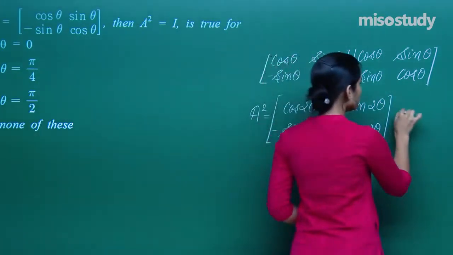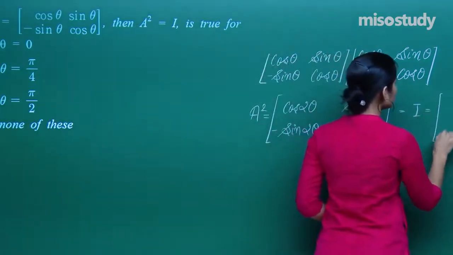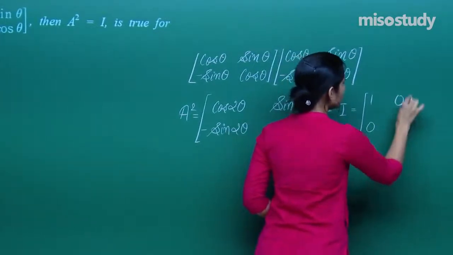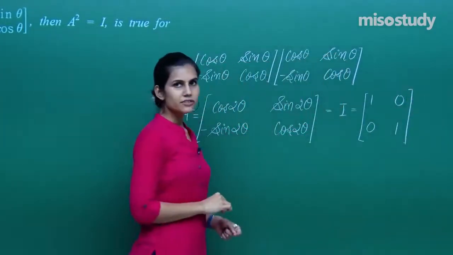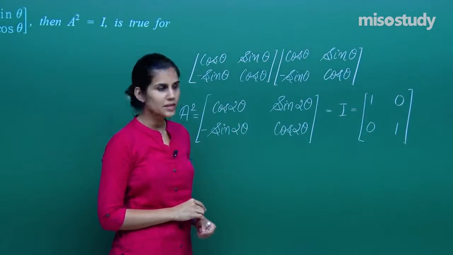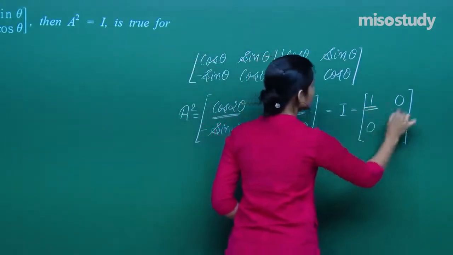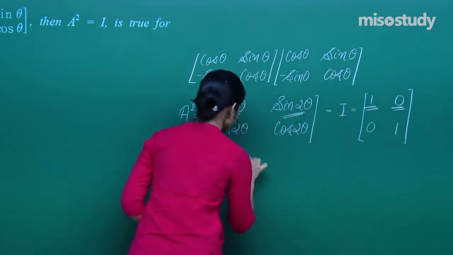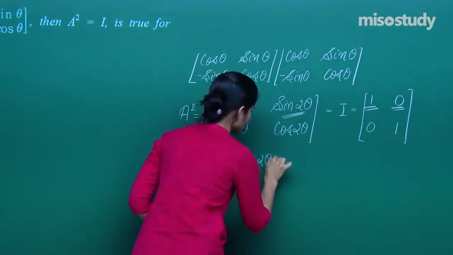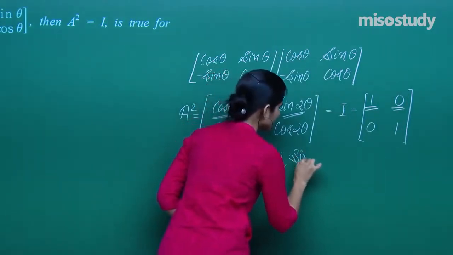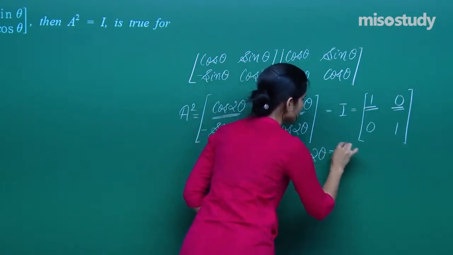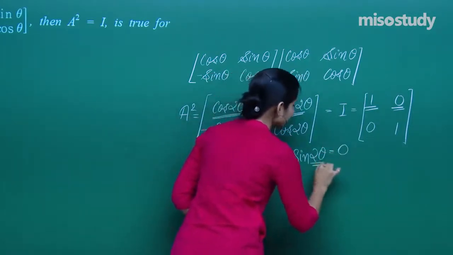A square is equal to identity matrix of order 2, that means it is equal to 1, 0, 0, 1. Now two matrices are equal when each and every component of them is equal. Cos 2 theta is equal to 1, sin 2 theta is equal to 0. Now what is that angle?